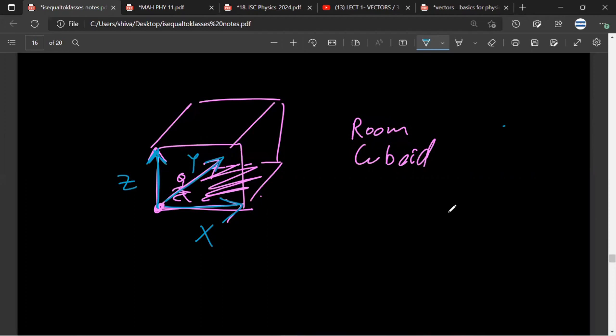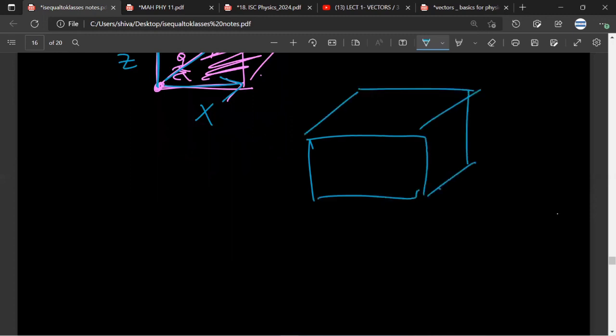So I'll repeat, because that is how things will start making sense to you. This room where you are sitting is a cuboid, and you are sitting or standing here. This is running towards the x-axis, this is running towards the y-axis, and this is running towards the z-axis. Are we okay till here?